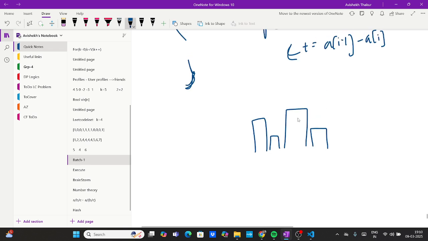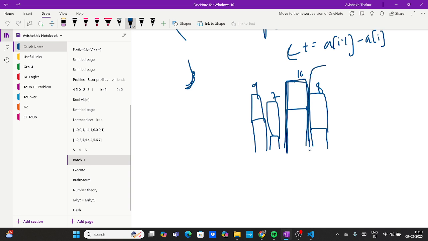One thing you can do is, at first, manually increase everything to 5. This 4 will become 9, this will become 10, 3 will become 8, this will become 7. Now, since this has already crossed the barrier, you have to deal with this part separately and this part separately.